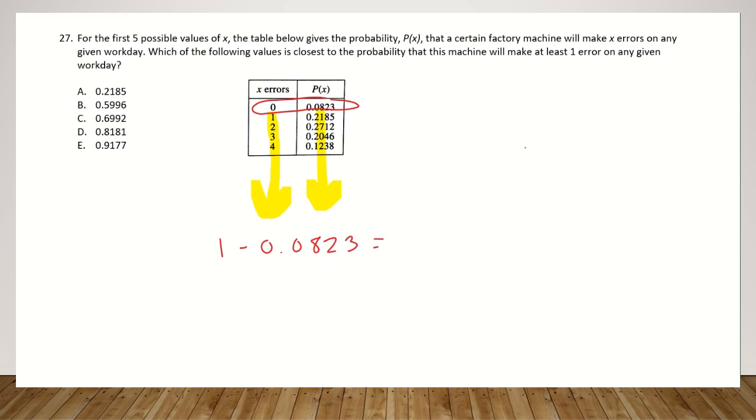And what's left over is everything but 0, right? That's what we just calculated. We're going to calculate everything but 0. So you subtract that and you get 0.9177. Choice E. Okay.